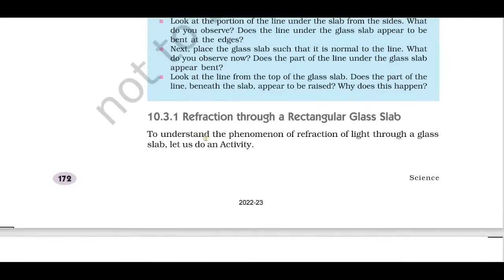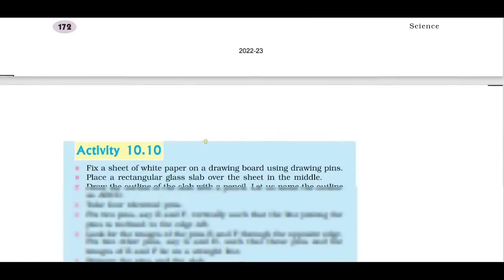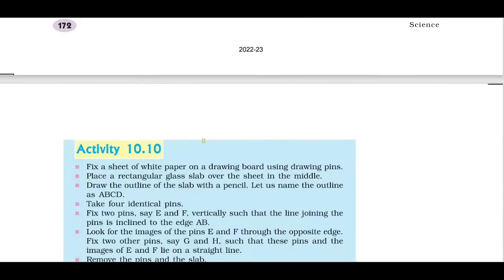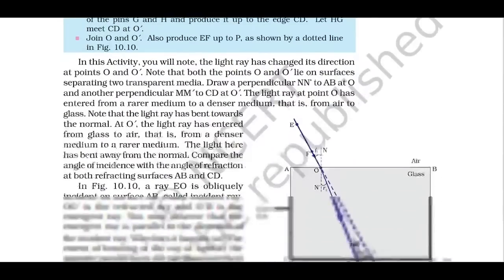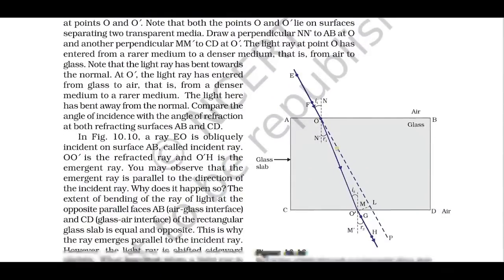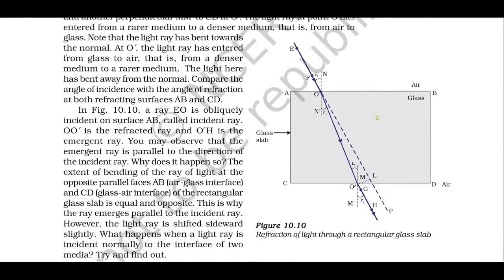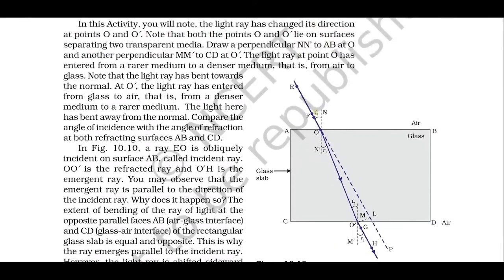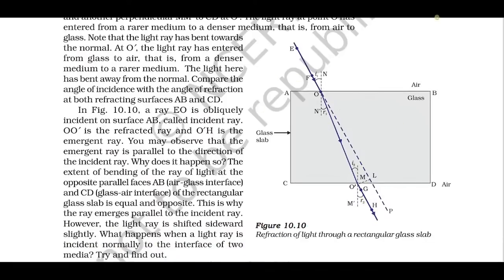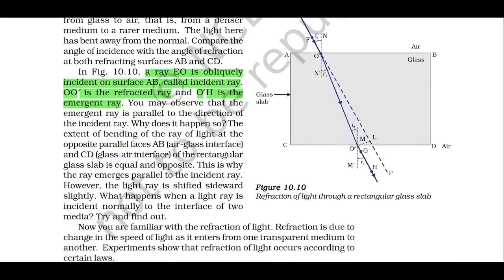So, a very important question: refraction through a glass slab. Again, this is an experiment for 3 marks. You should draw the figure first, refraction through a glass slab, and you should indicate the incident ray, refracted ray and emergent ray. So in the figure, the ray UO is called the incident ray, OO dash is called the refracted ray, O dash H is the emergent ray.